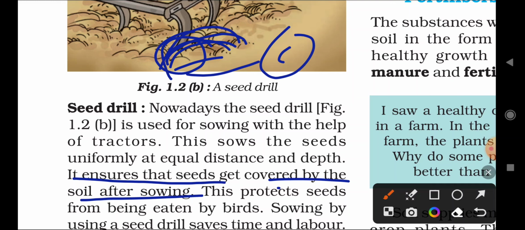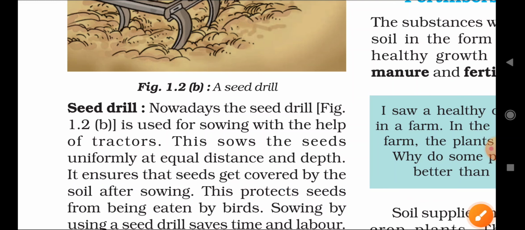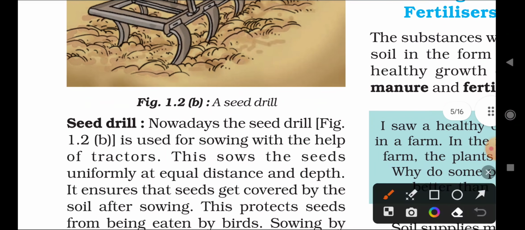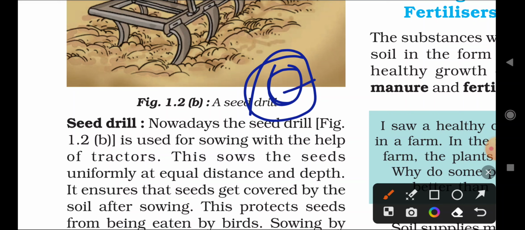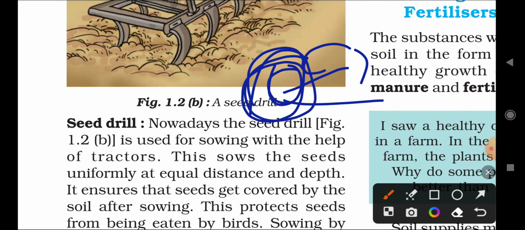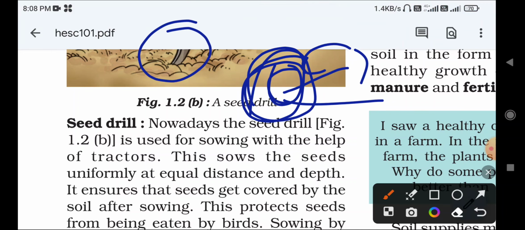This protects seeds from being eaten by birds. Birds come to the field and eat the seeds, and then there is no possibility of growing. So they should be covered with soil. That ensures the growth of the plant, and the seed drill does this.